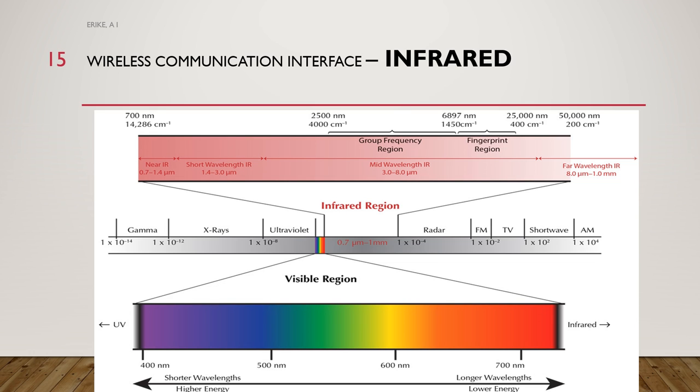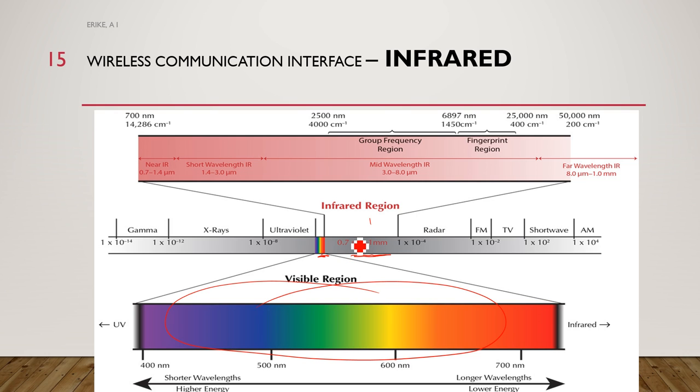So it's just one step up on the light spectrum from the visible light. When you look at the visible light, you see the visible light is in this area. Just before the visible light, you have the infrared region.